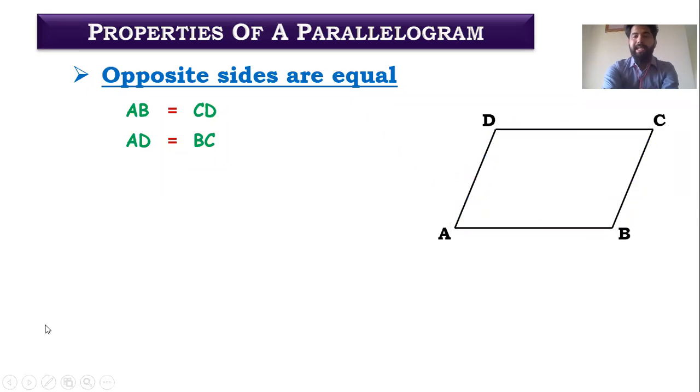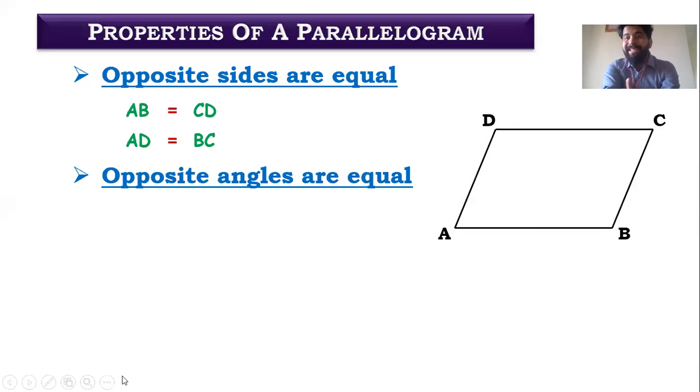Now, next property: opposite angles are equal. Now, how to identify opposite angles? I'll just give you one example, then I'll ask one of you to give me the others.